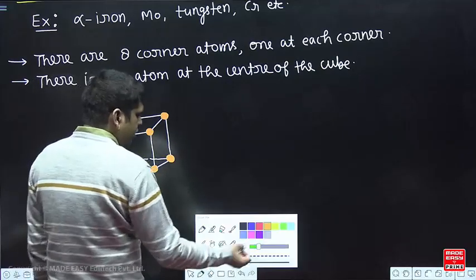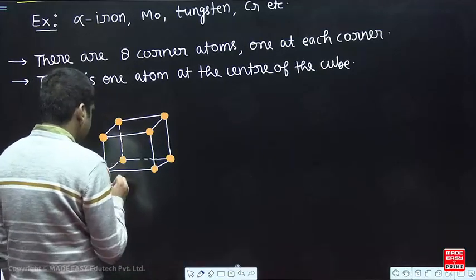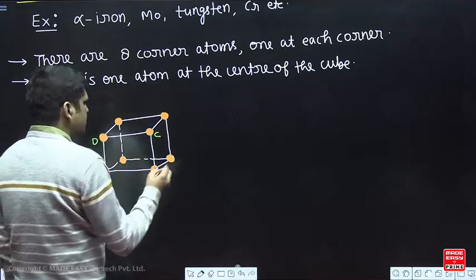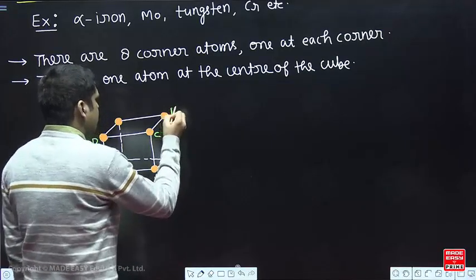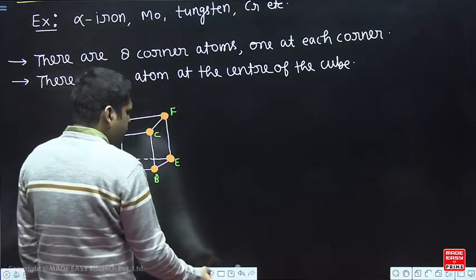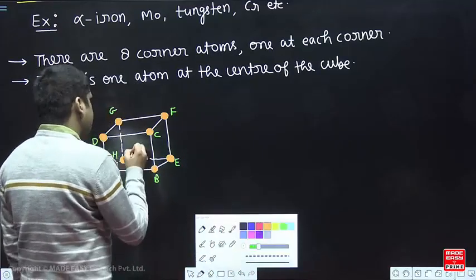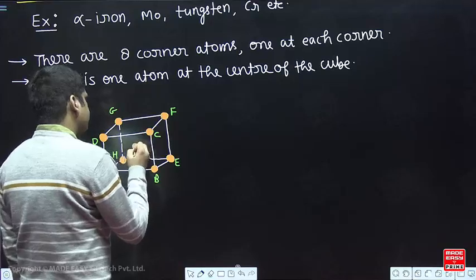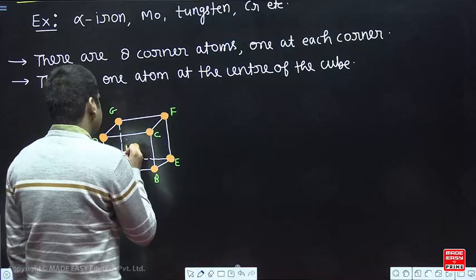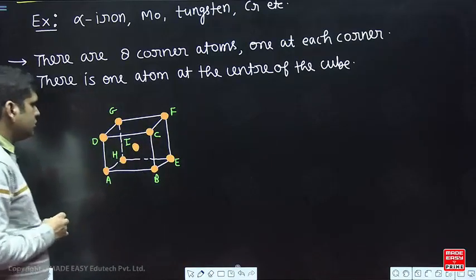Let us name these corner atoms A, B, C, D, E, F, G, H. There is 1 atom at the center of the cube. Let us name it I.